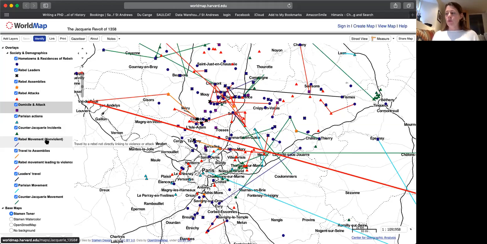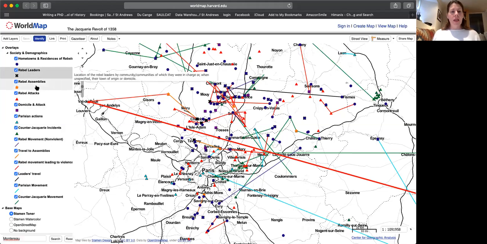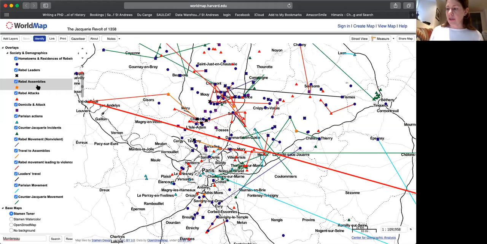This organization was provided mainly by village captains, as well as another layer above that, captains coordinating them, which was led by a supreme leader called Guillaume Gal. And there were also massive assemblies where decisions were taken and commands were relayed. So these layers are the rebel leaders here and the rebel assemblies here, those stars.